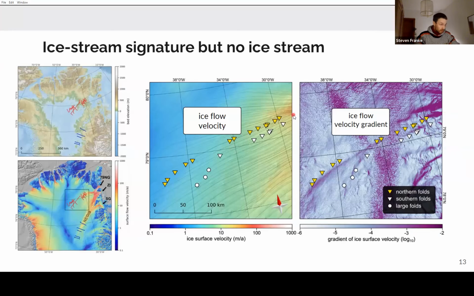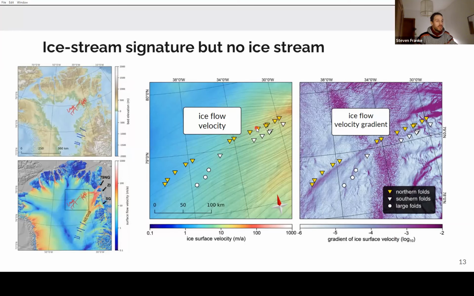And this is now a map where we mapped all of these features that we could find, so the shear margin features. And here it's plotted on the ice surface flow velocity and on the gradient of the ice surface flow velocity on a logarithmic scale. And we see that in the downstream part, we really have this pairwise systematic pattern. They are arranged in a width of 10 to 15 kilometers.